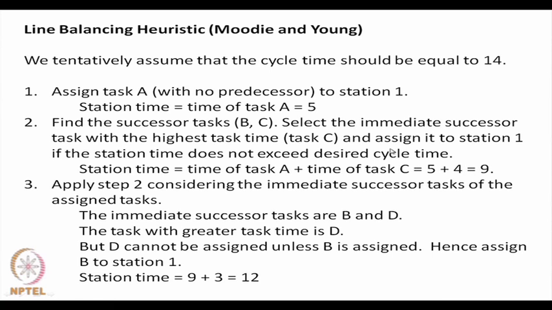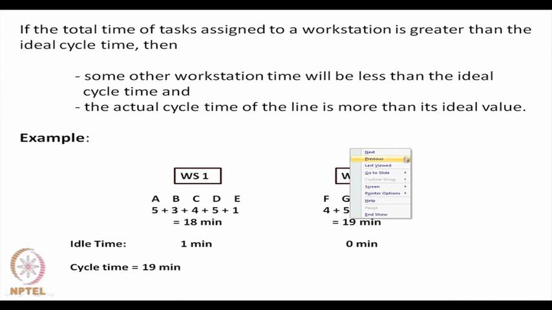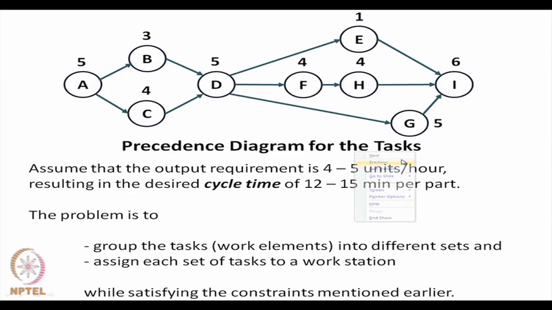Now that A and C are both assigned, the successors are B and D. Between these two, D has the higher value, 5 versus 3. So, D could be assigned to workstation 1. However, D has a predecessor B, and B has not yet been assigned.